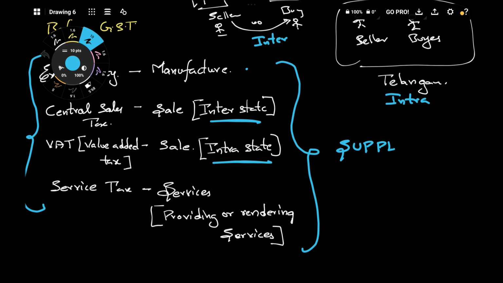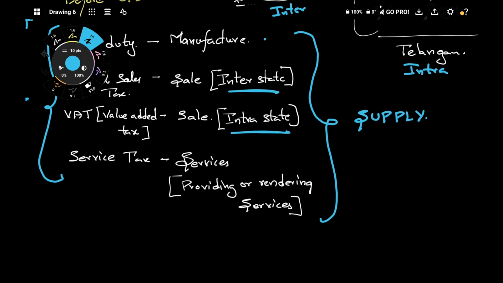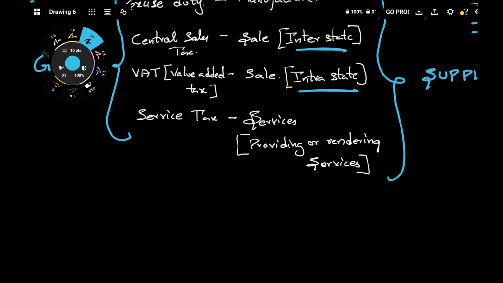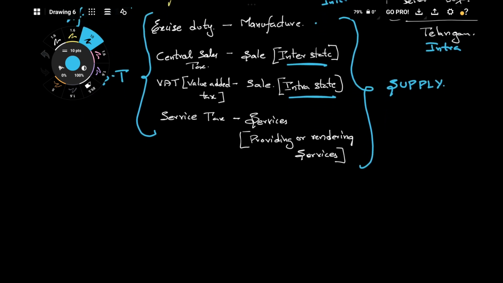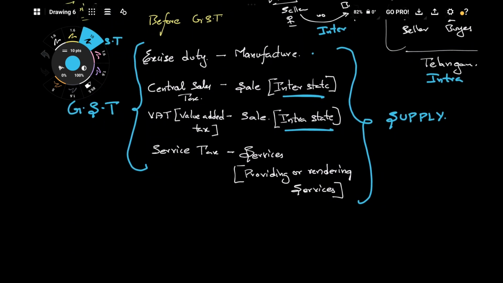There is a separate chapter on this, and it is very important. Supply. So in GST, for GST to apply, first it has to be a supply.